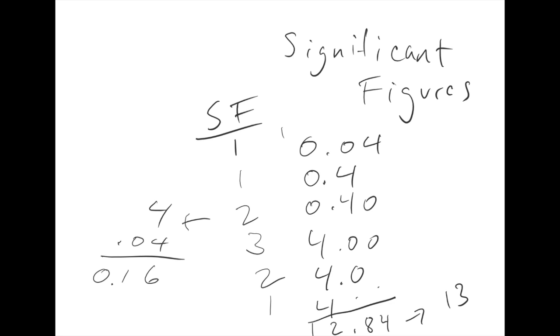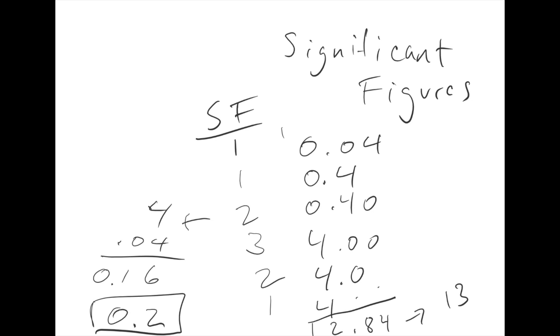The 4 just has 1, and that's as many as you can have in your answer. So again, I do the full math, but my answer is 0.2 with only one significant figure because I only had one significant digit in the number with the least significant figures.